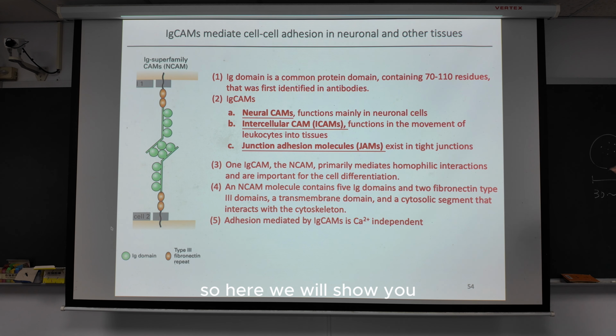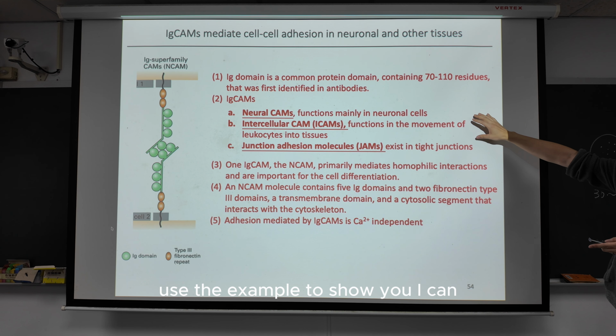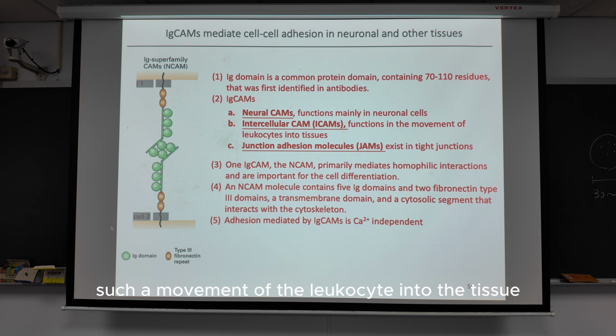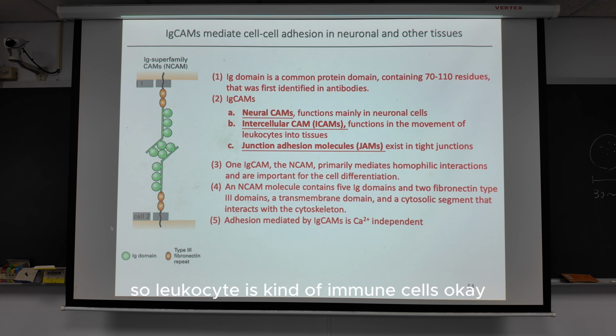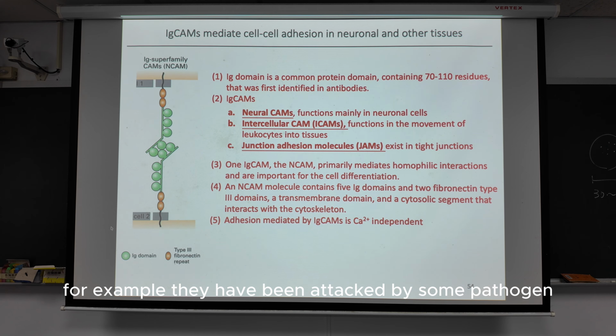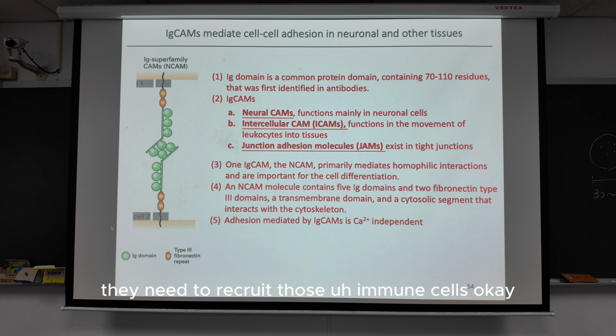Okay, so here we will use an example to show you how ICAM contributes to the movement of leukocytes into the tissue. Leukocytes are immune cells. Immune cells keep traveling in the circulation system throughout the body. But once the local tissue needs immune cells, for example, if it has been attacked by some pathogen, or needs to trigger a certain local immune response, it needs to recruit those immune cells.